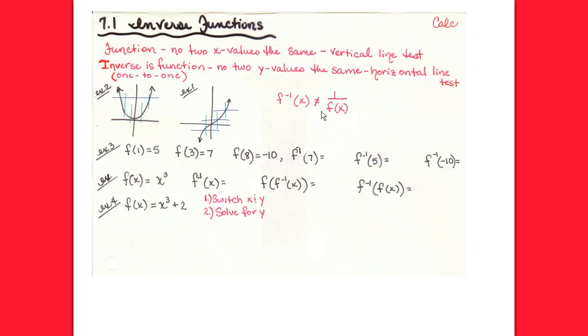So if on the original function I have the ordered pair 1, 5, what would the inverse ordered pair be? 5, 1. So down here, when they're asking me what's the inverse of 7, we can come right back here and say, okay, if the original ordered pair was 3, 7, then the inverse ordered pair would be 7, 3. Exactly.